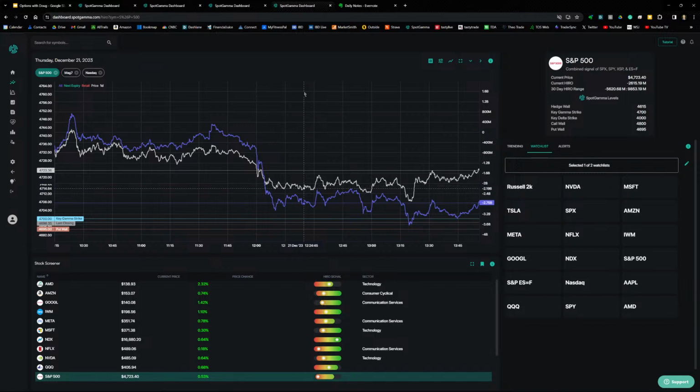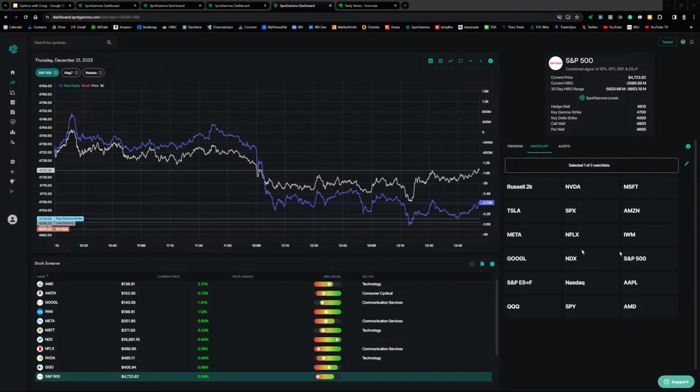So first of all, this is the hero signal, hedging impact real-time options. This is showing options trades and market maker hedging activity for the S&P 500. There are two lines on this chart.